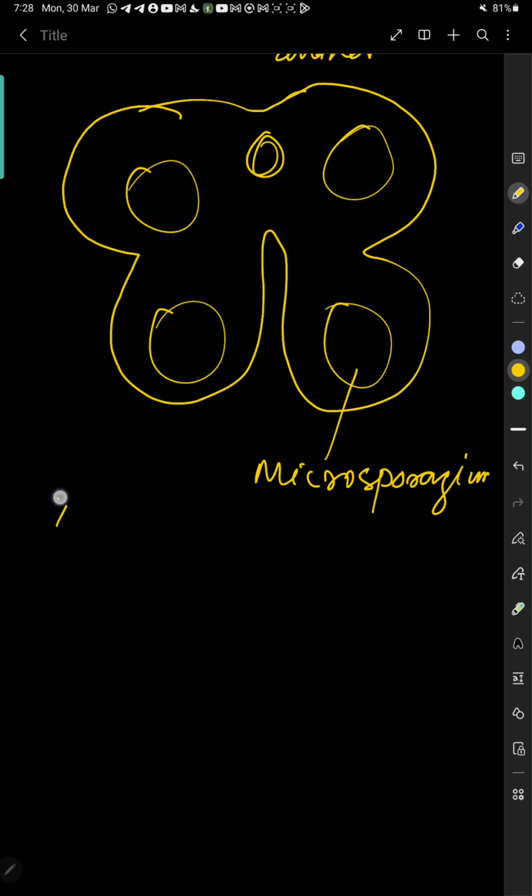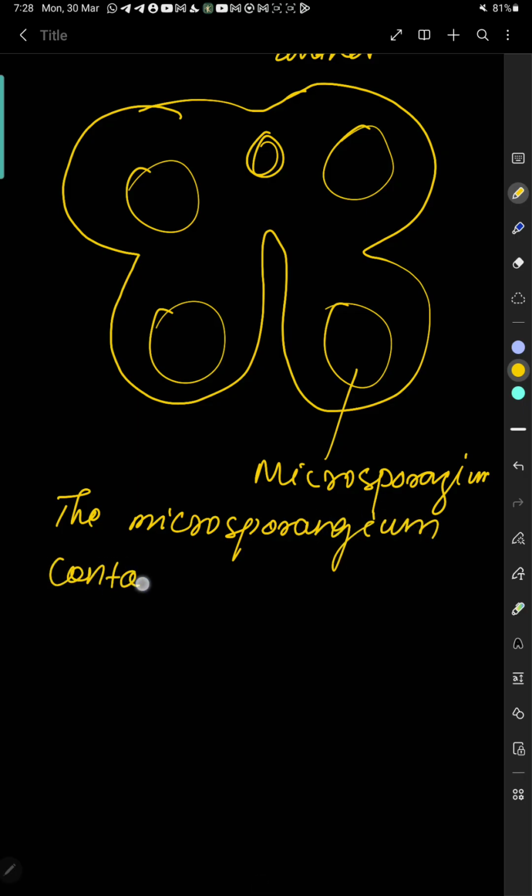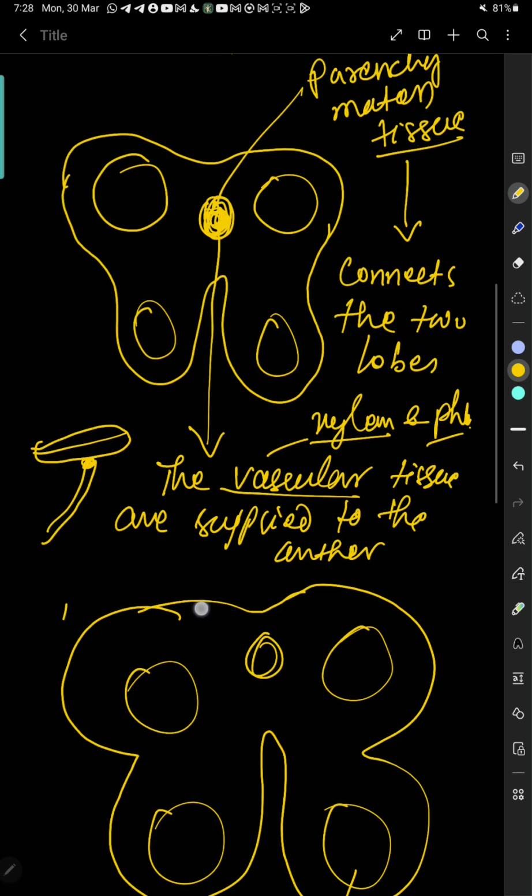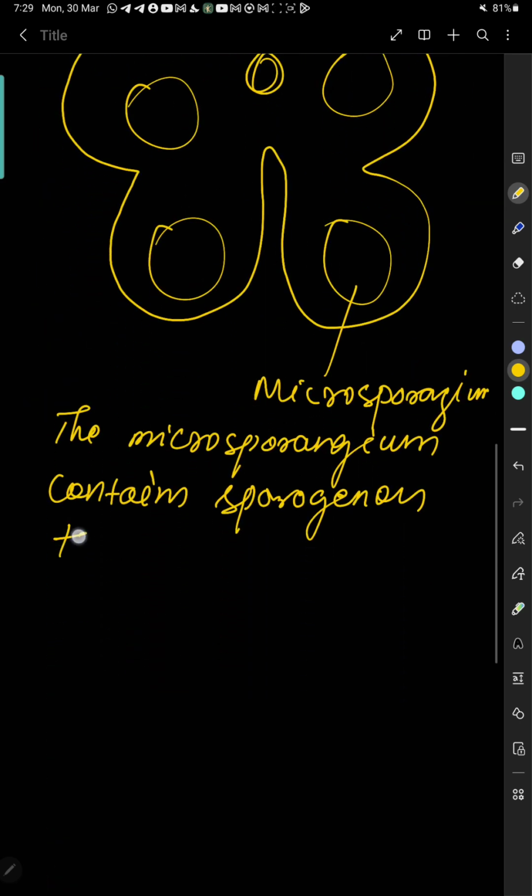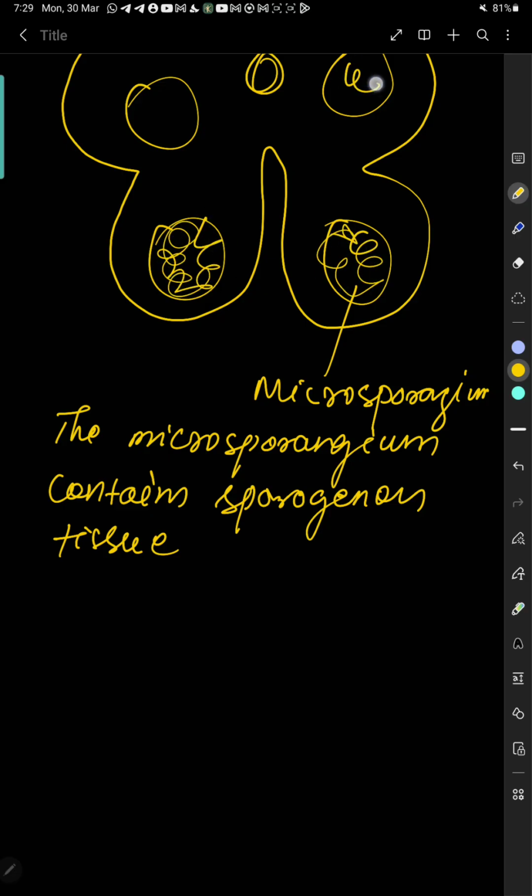The microsporangium contains sporogenous tissue, so they are filled with sporogenous tissue, and I have already discussed the membranes that surround the microsporangia. Sporangia is the plural of sporangium.